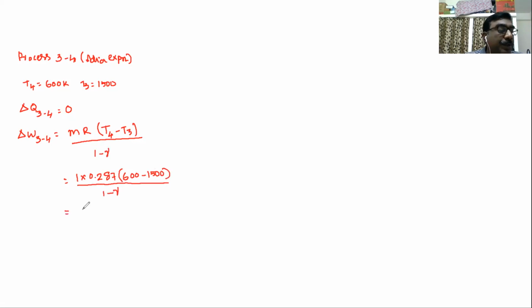So this is equal to how much? 645.75 kilojoules. So here in the expansion process, we are getting work out of the system. So the work is positive here.